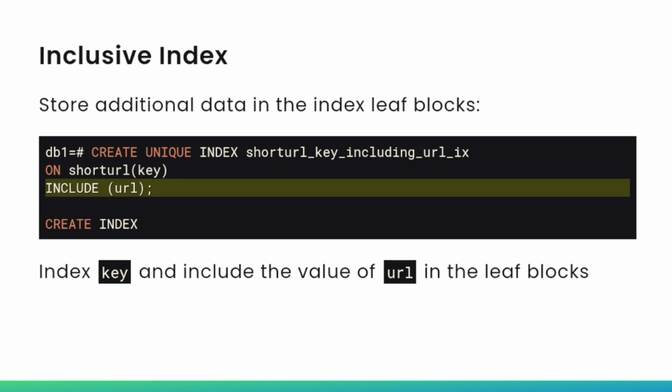On the table short_url, we're indexing the key column. This is the column that we fetch by. And then we say include url. So this tells Postgres, create an index on the key column, but then in the leaf block right next to the key, put the URL from the table.